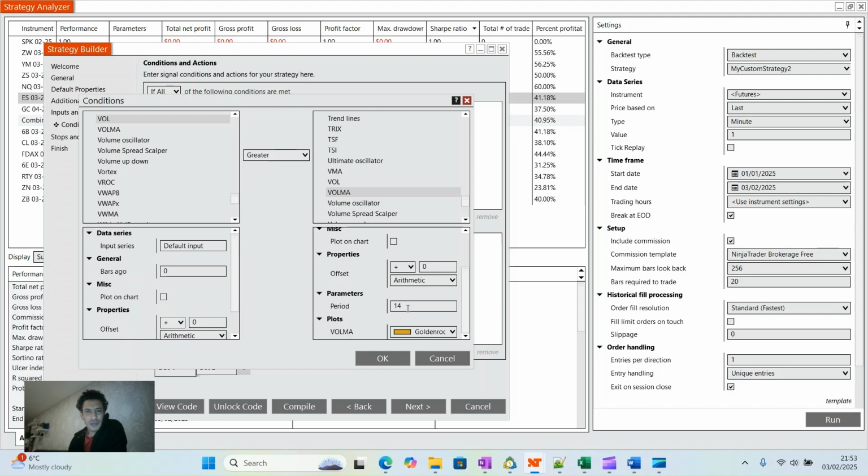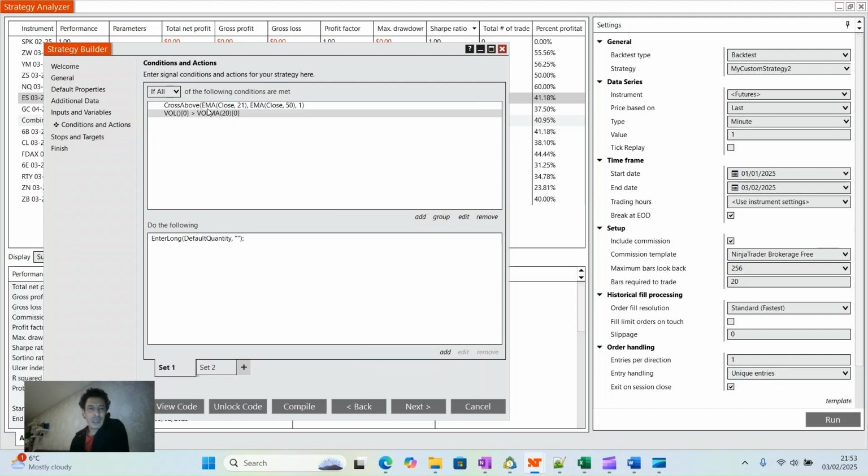Actually, I'm going to change the period. I want it to be a longer period. So if the 21 EMA crosses above the 50 EMA, and the volume is higher than the average volume for 20 periods, then enter long. I'll compile this.